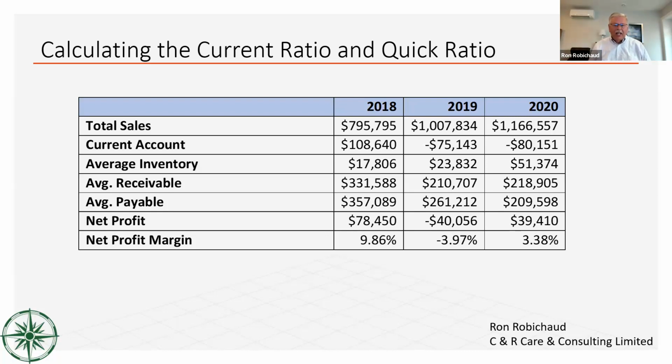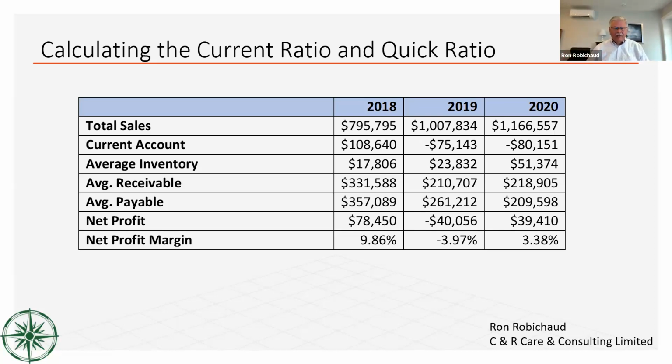So when I see the current account at minus 75,000, and this is in financial statements, you have to look at what the information is telling you. If you are minus 75,000, that means you're into a line of credit of 75,000. It does not belong in the current account, it belongs in current liabilities. This is where people get mixed up.